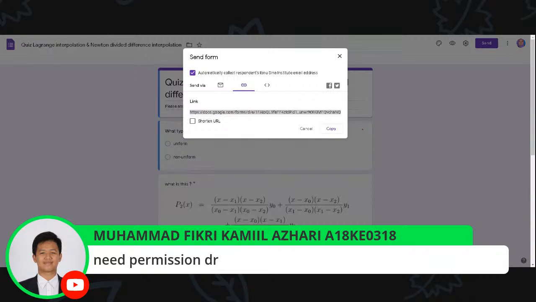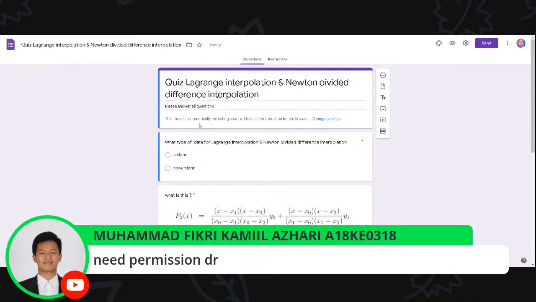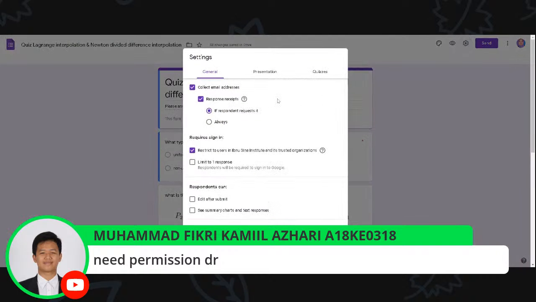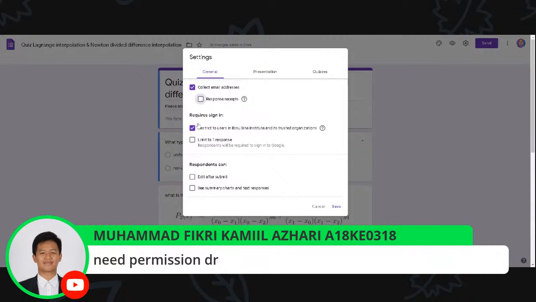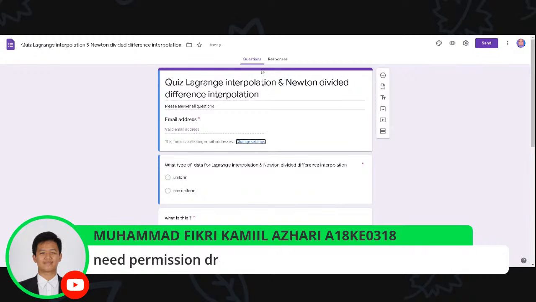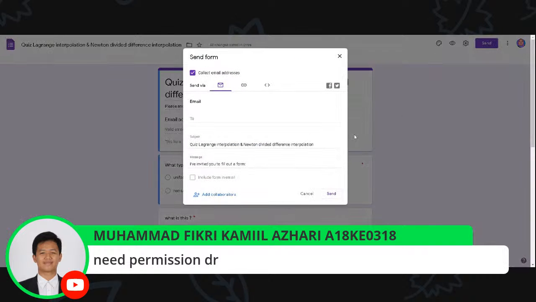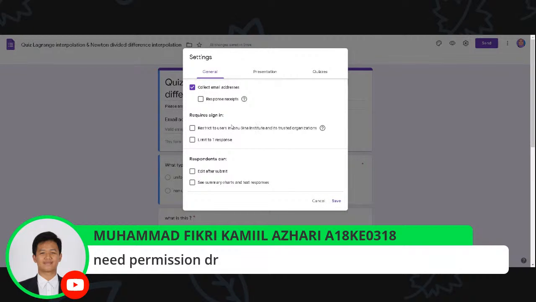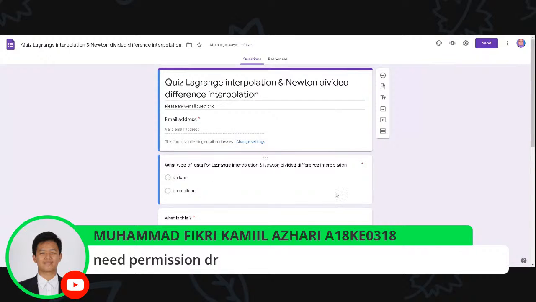How to reduce the permission? I go to the setting, respond, collect the email, edit, you cannot edit. Save changes.